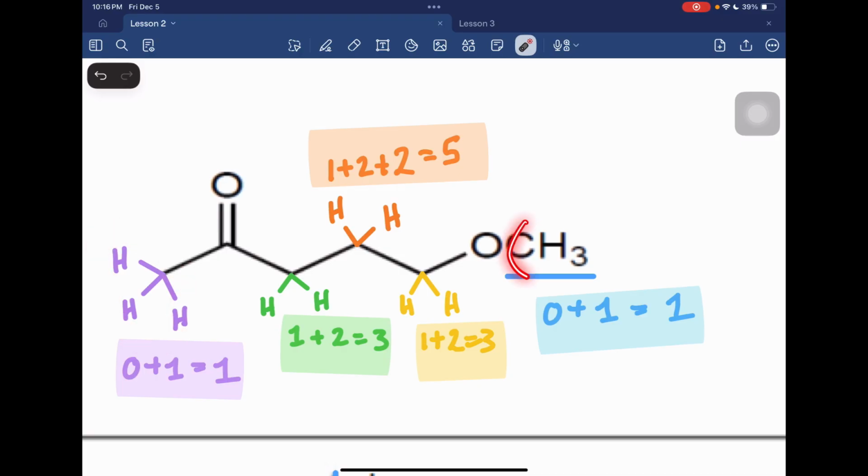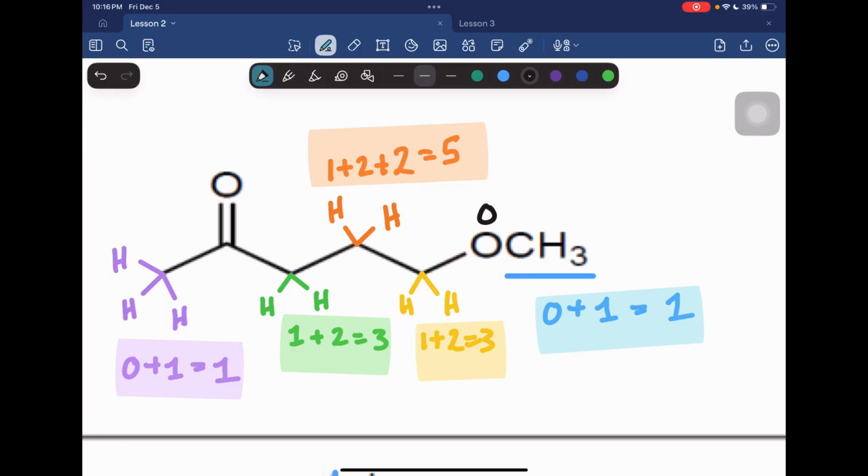So both of these on this side are CH3s, and we have oxygens, right? However, the oxygen that is connected to the carbon is a single bond, and single bonds, remember, are longer. So it's going to take a longer amount of time for the electron density to be drawn through.